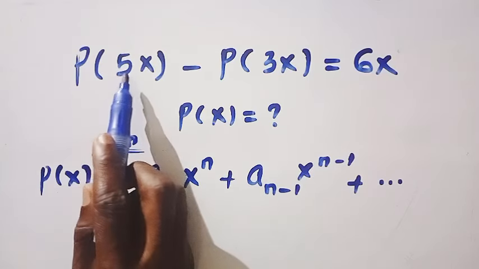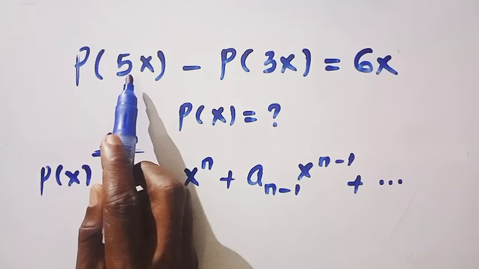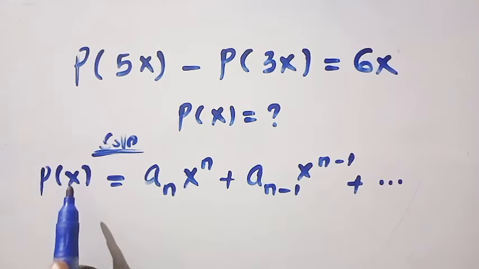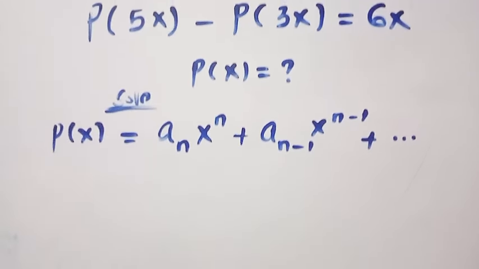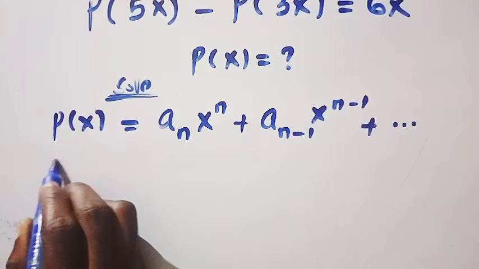And from here we have 5x, so let's change this to p of 5x and see what the output is.